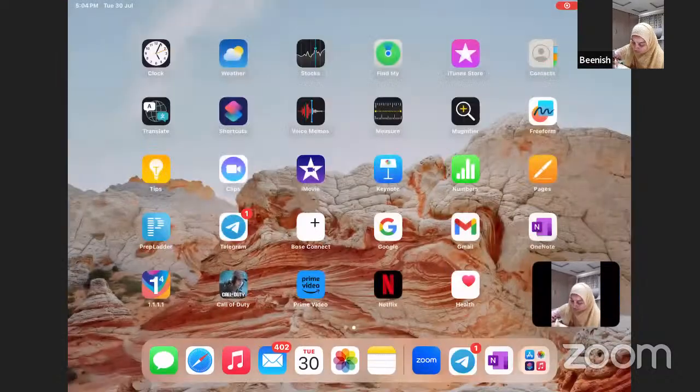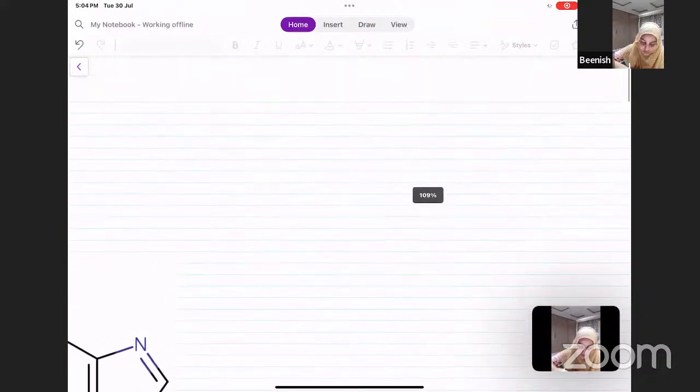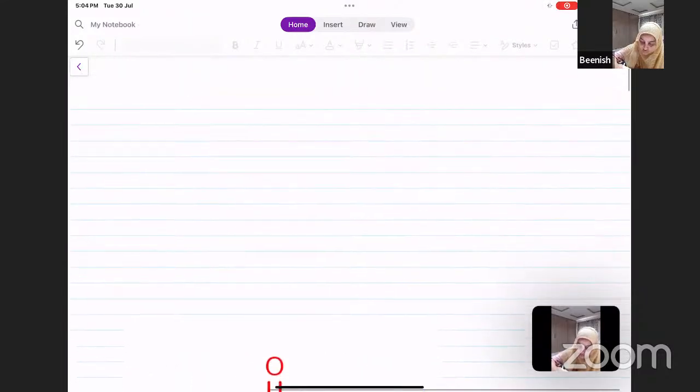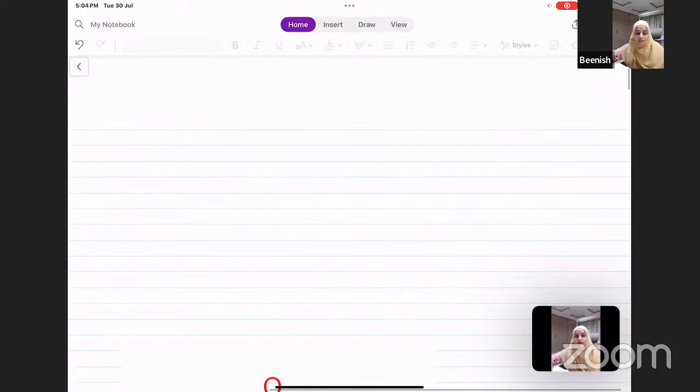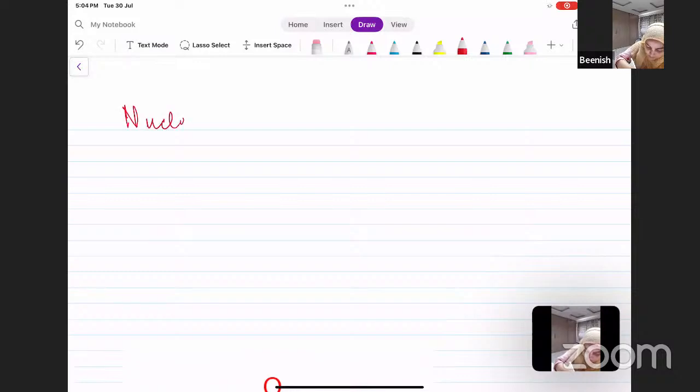So let's start with today's topic, that is nucleic acid structure and nucleotide metabolism. Your nucleic acids are polymers of nucleotides.